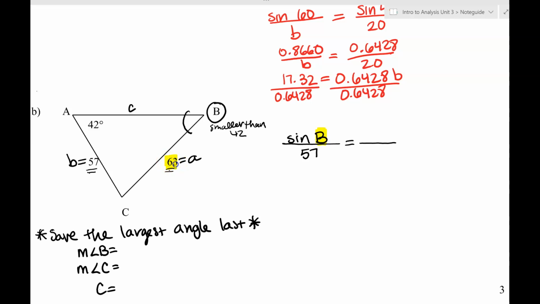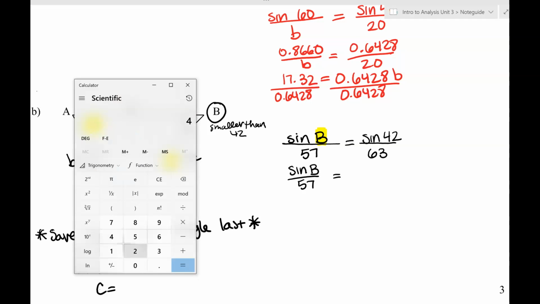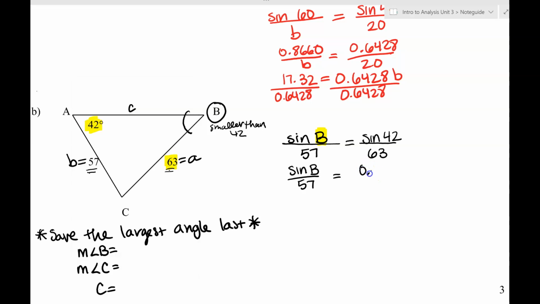So I happen to have a side across from a given angle, so I can set those up in the other ratio so that I have all numbers besides that B value that I'm looking for. So this would be sine of 42 over 63. And then I can go ahead, and if you're more comfortable with numbers, you can find out what sine of 42 is. So I'm going to find in my calculator sine of 42. It's 0.6691.